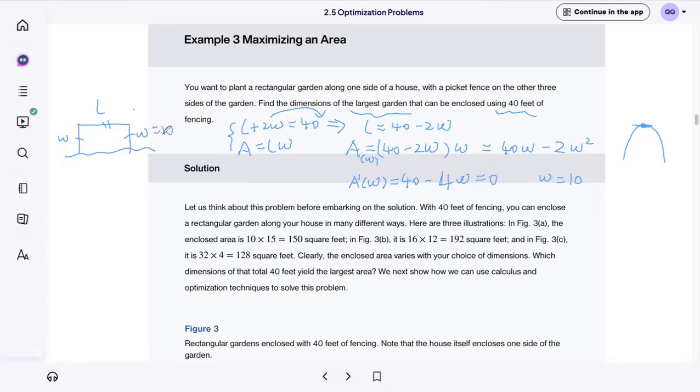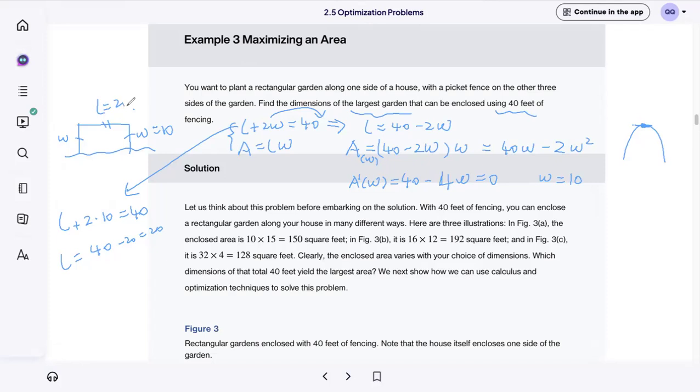So width equals 10. Now, if we know the width, we know the length. We use this equation. L plus 2 times 10 equals 40. So L equals 40 minus 20, which is 20.